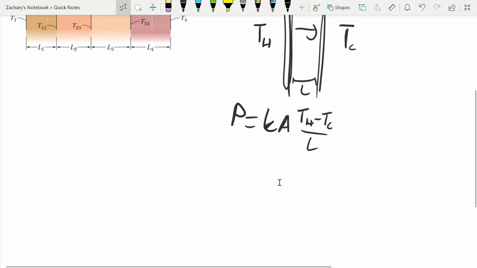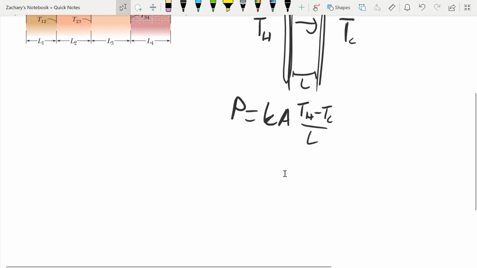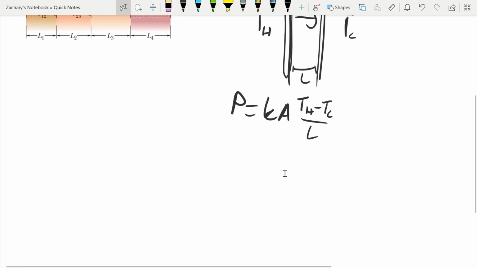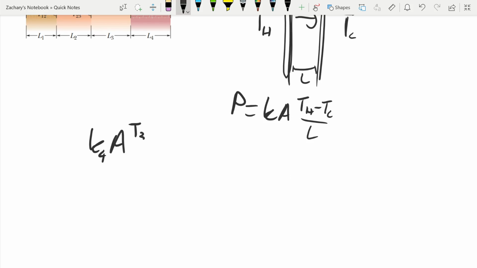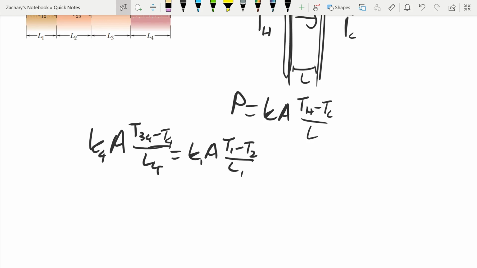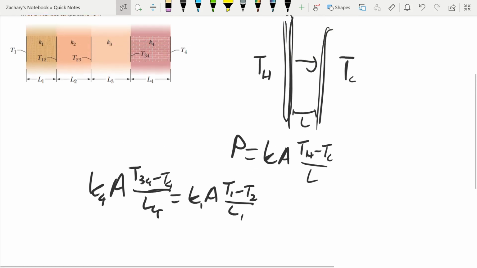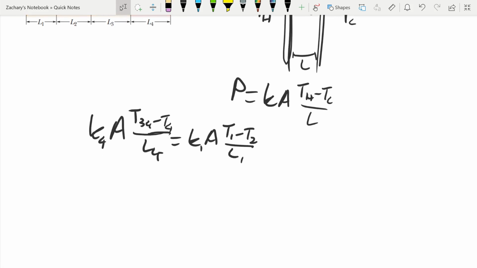So P for the fourth layer is K4 times A times (T34 minus T4) over L4. And this is equal to K1 times A times (T1 minus T2) over L1. A is the same, because they're sharing the surface, so A cancels.